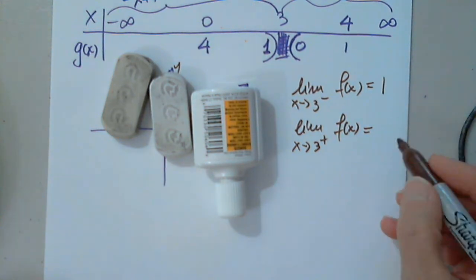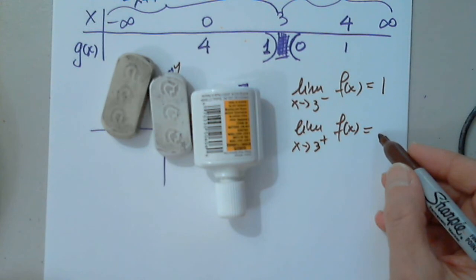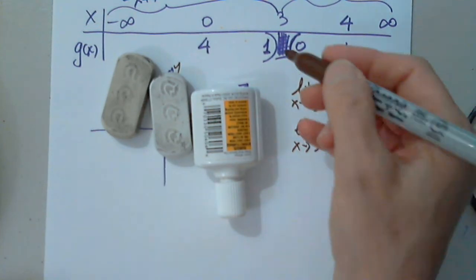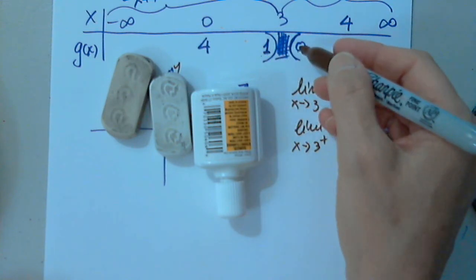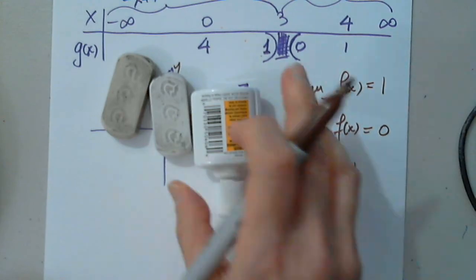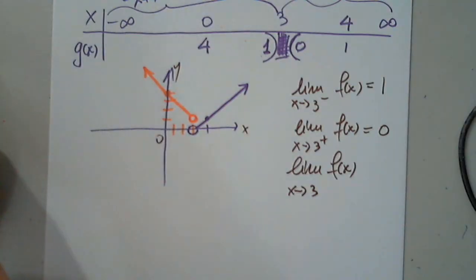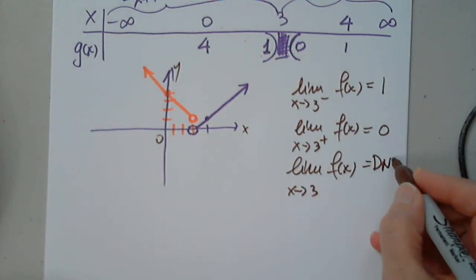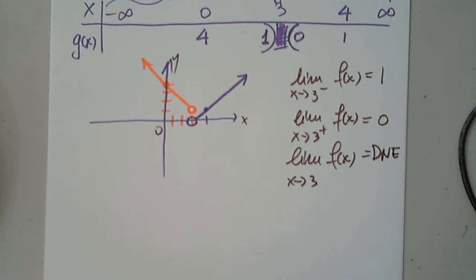One. Very good. What is the limit from the right? 0. Of course, these are the limits. And what is the limit from either side? Does not exist. Of course. Excellent. Great job. Any questions on this?